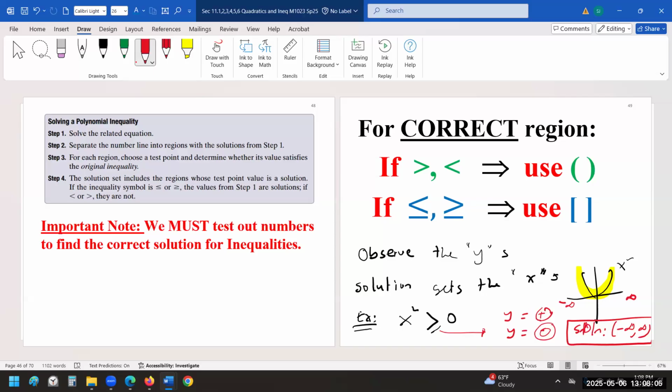The solution is from negative infinity to positive infinity as our x values. Oh, that's like the domain, but not domain. Yeah, solution and domain are similar concepts, but domain means where it's valid, and here solution means which satisfies this condition: y is 0 or y is bigger than 0.